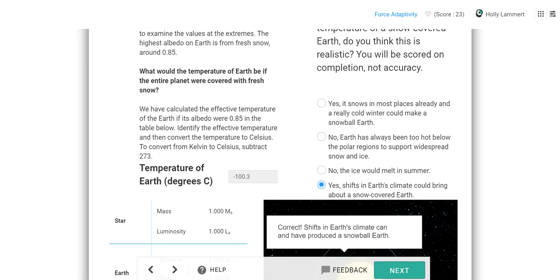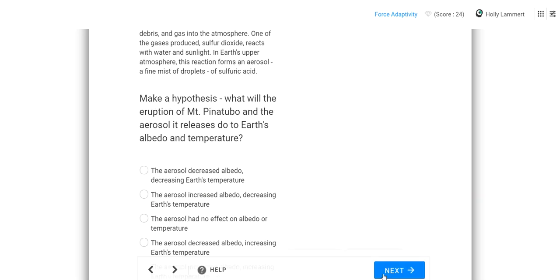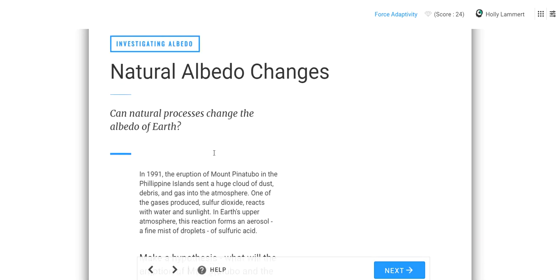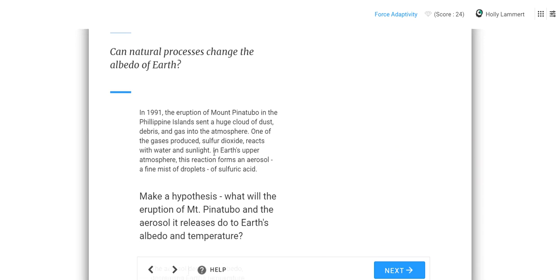What do you think? Okay, and so maybe you guys have heard of the snowball Earth, this idea that when the climate shifts, it can produce a situation on Earth where it is completely covered in snow. So let's investigate how those have happened in the past.